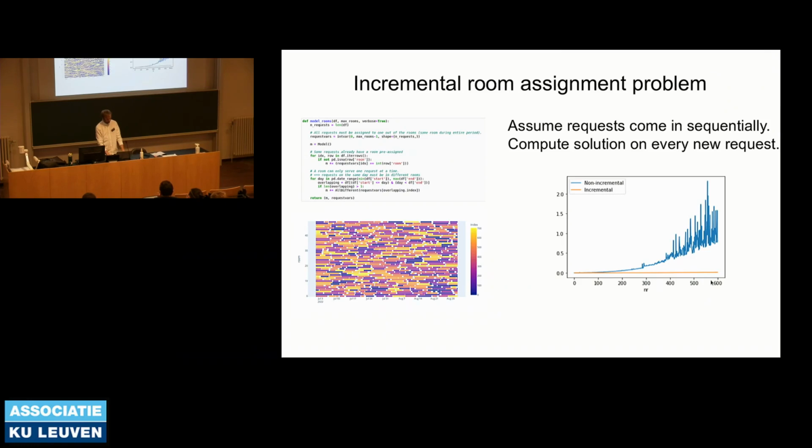So you can do incremental repeated solving. For example, the hotel room problem that you saw, the actual hotel doesn't have all of the requests at once, right? It has some requests, and then it gets one more request. And the question is, can I fit this one in? So if you solve the problem from scratch every time, each time with one more room, then this is the kind of computation behavior that you get.